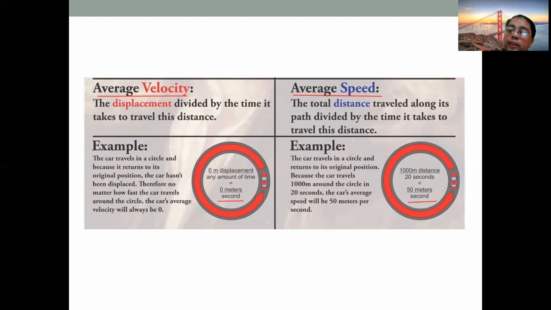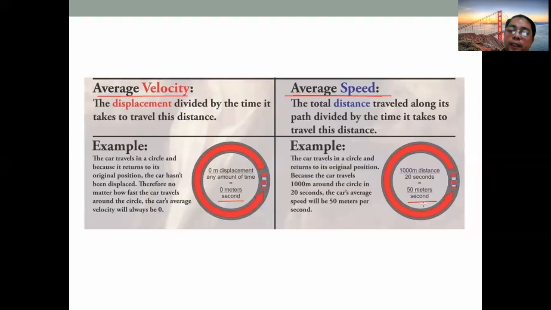The same situation, but the average speed is 50 meters per second, because the total distance of this circle is estimated at least 1,000 meters, and it took the object 20 seconds to make the turn. So by completing the turn, total distance over total time will be 1,000 divided by 20. That gives you 50 meters per second for its average speed.